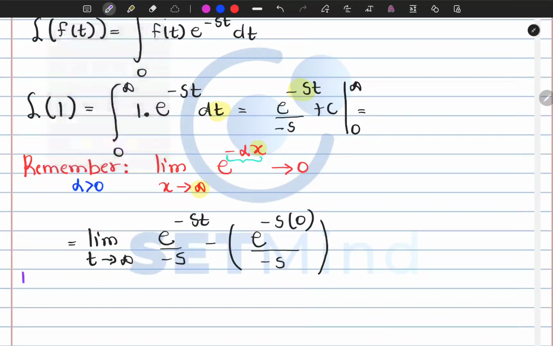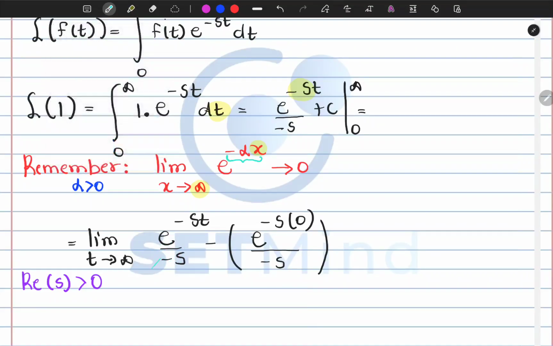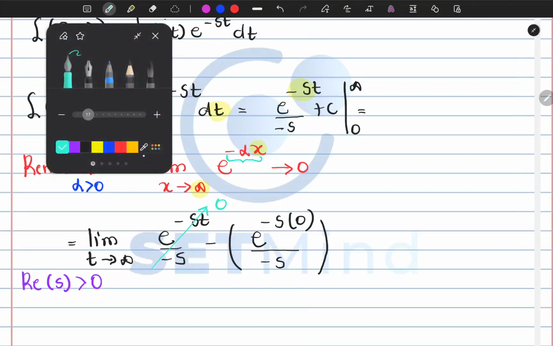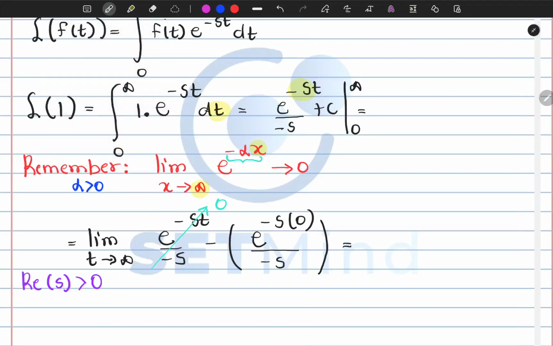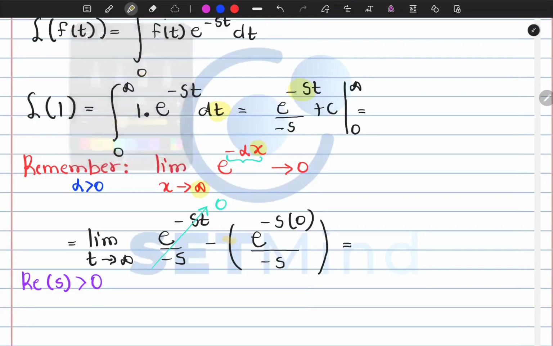So remember that the real part of s, we said it will be greater than 0. All this means is that this portion here will approach 0. And if you look carefully, our answer, the negative and the negative, will end up cancelling to give us a positive.